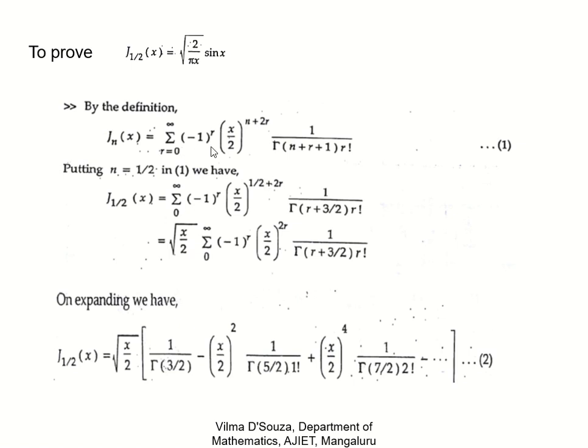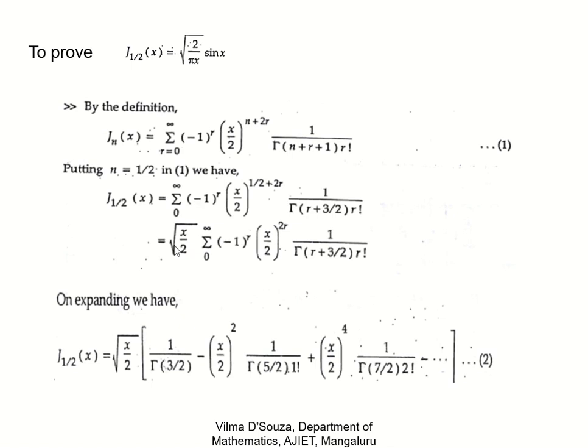So minus 1 power r x by 2 to the power half plus 2r, n is half, into 1 by gamma half plus r plus 1 into r factorial. Half plus r plus 1. So what is half plus 1? 3 by 2. So r plus 3 by 2 into r factorial.